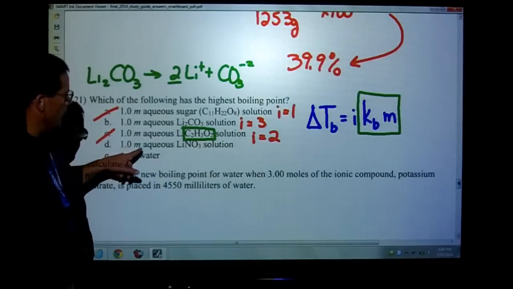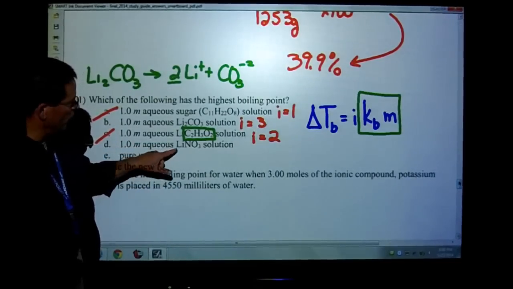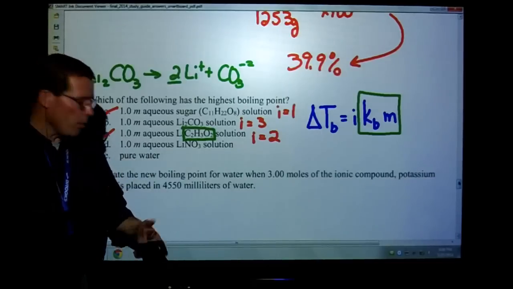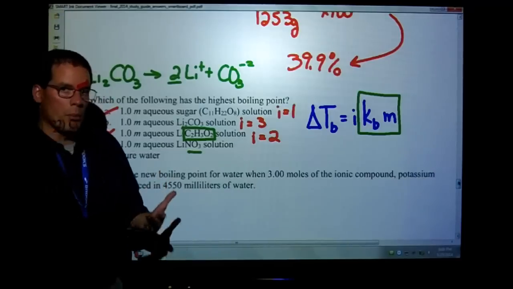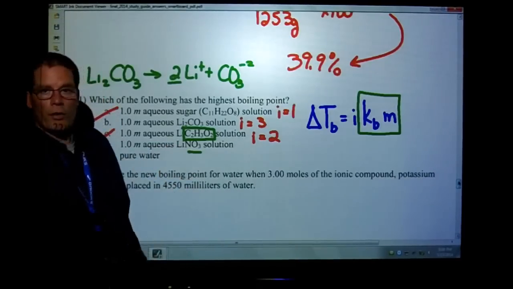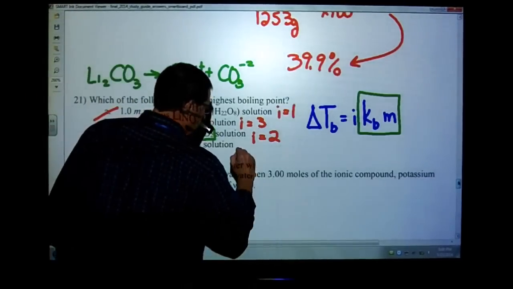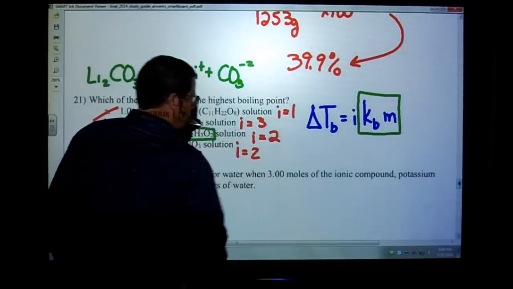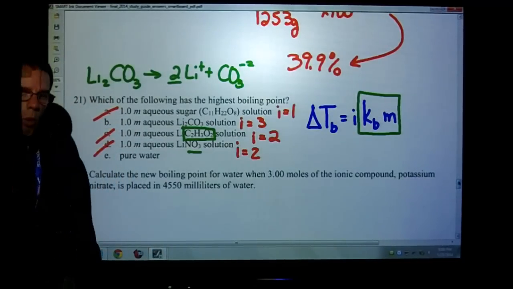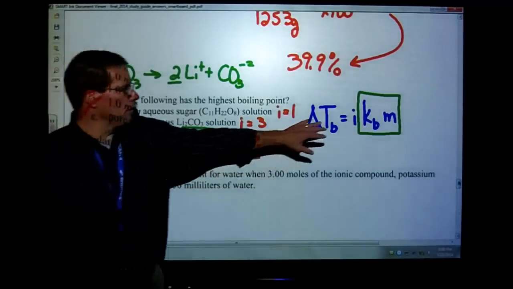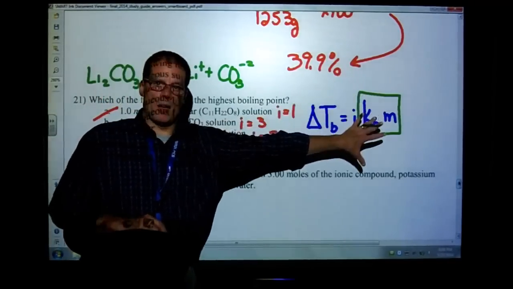Looking at D, it says we have an aqueous solution of lithium nitrate. There's another polyatomic, so the nitrate doesn't break apart. It's a 1-to-1, so the value for i in this case is also 2, which means that D is out.